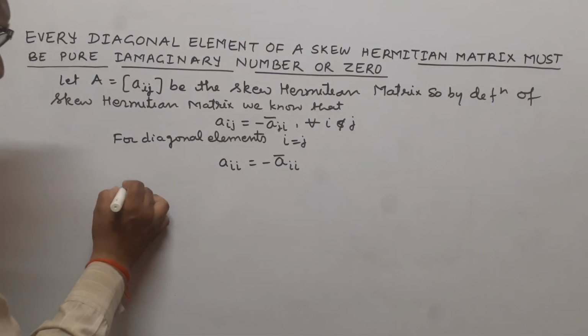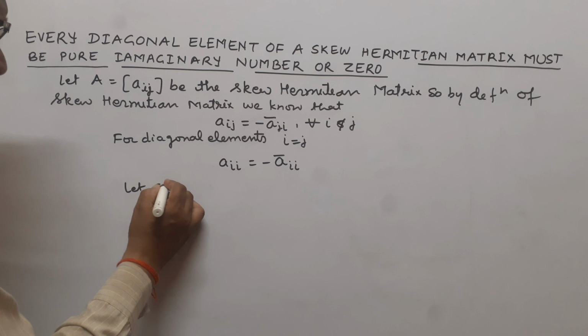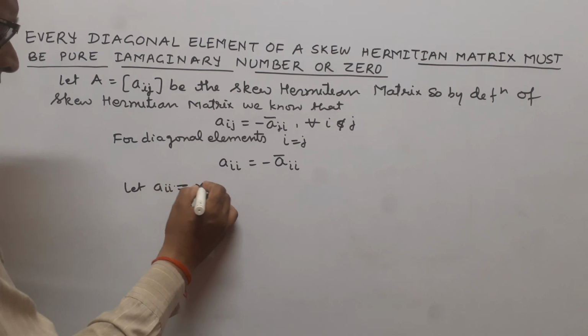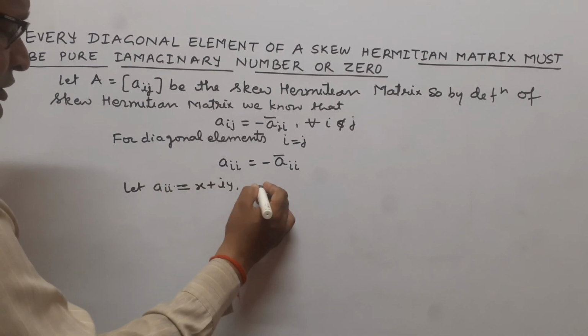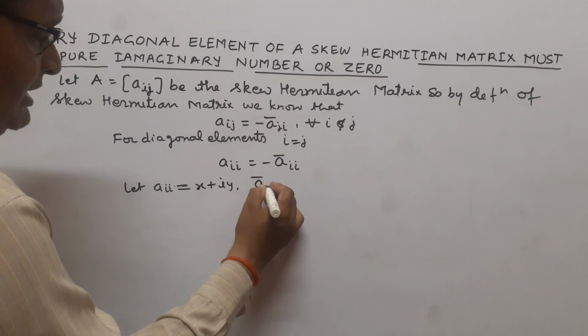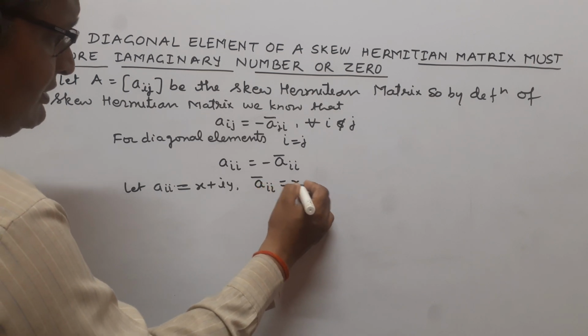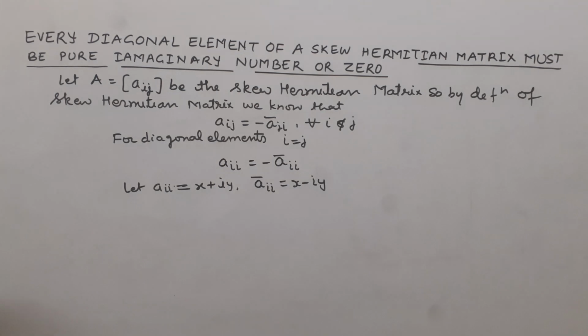Now let us suppose that aii is equal to x plus iy.